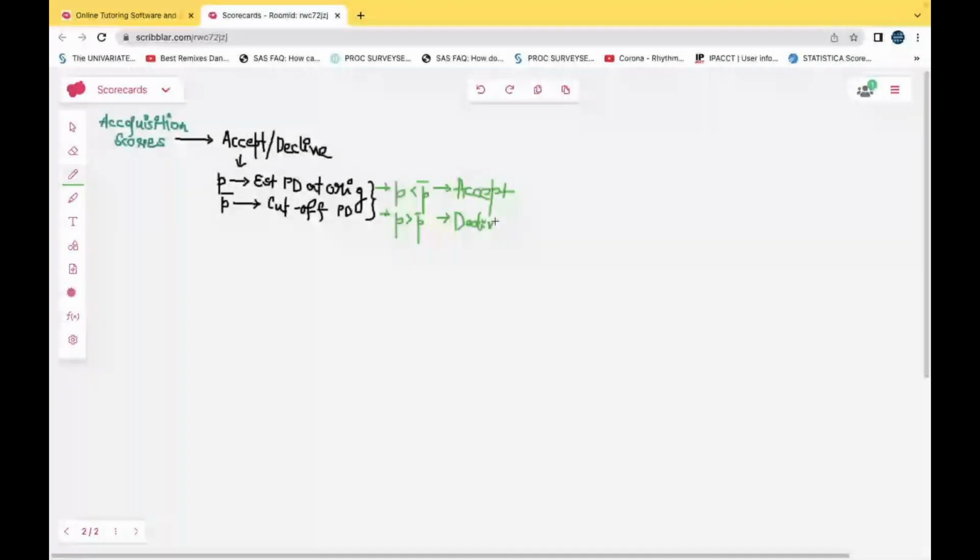Now, whatever is going on through the scorecard, the question that comes over here is, is this effective? To assess its effectiveness, a swap set analysis is designed.